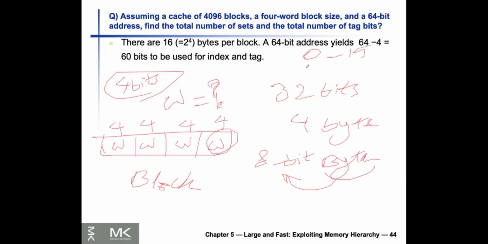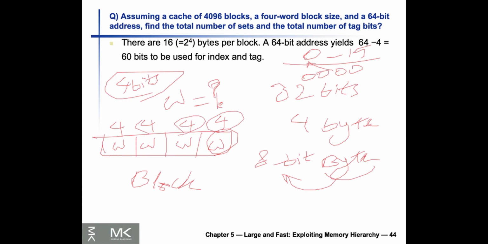How am I going to address this? I need 4 bits: 0000 would refer to 0, 1111 would refer to 15. So in order to address 16 bytes, I need to allocate 4 bits in binary to give me a range of 0 to 15. So 64 minus 4 gives us 60 remaining for index and tag.